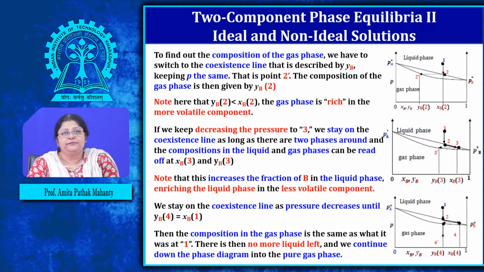Why is that so? You can make out from the scale. This scale corresponds to both X and Y. Imagine it to have two scales, one corresponding to X, one corresponding to Y, on the same scale, for the component B.